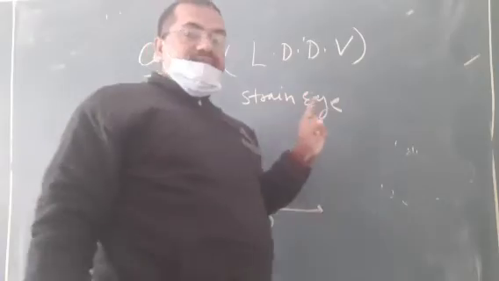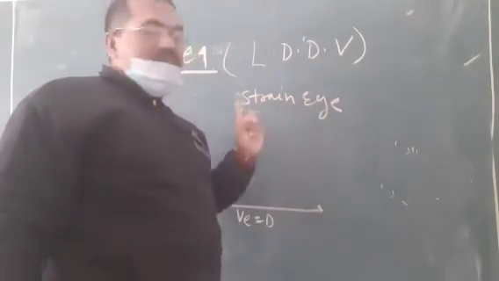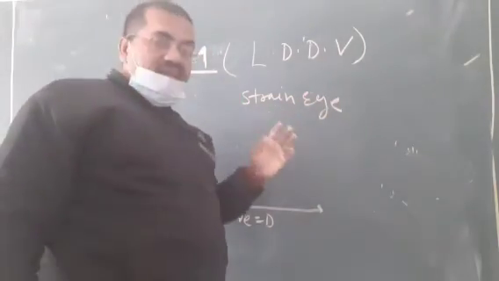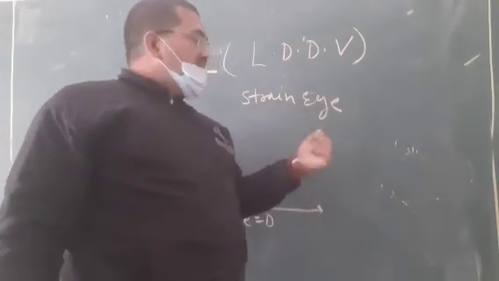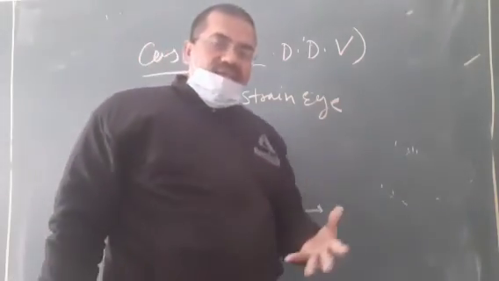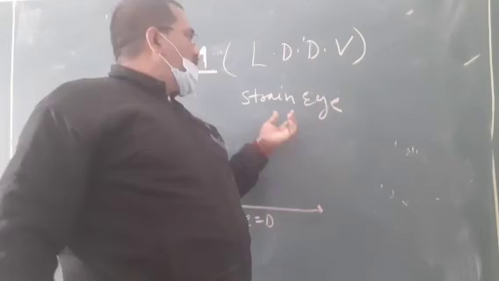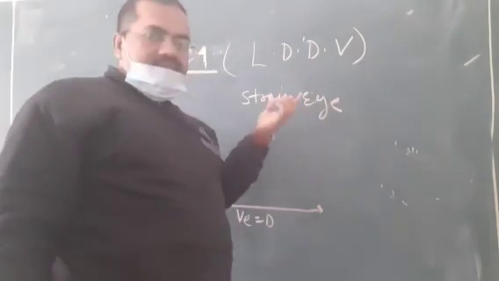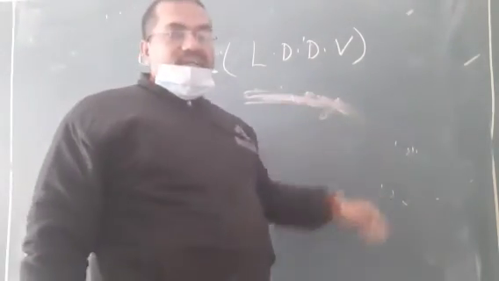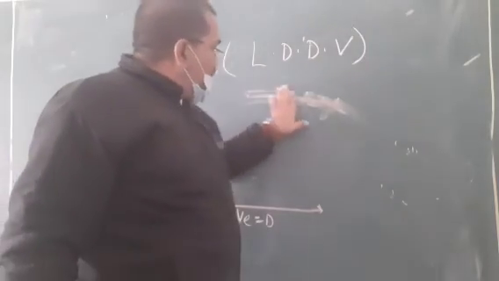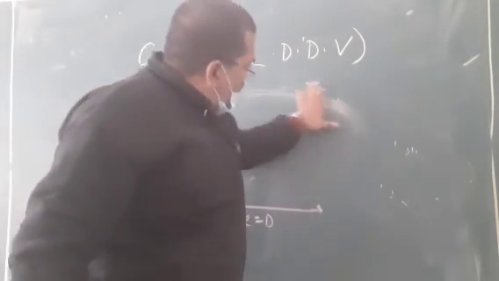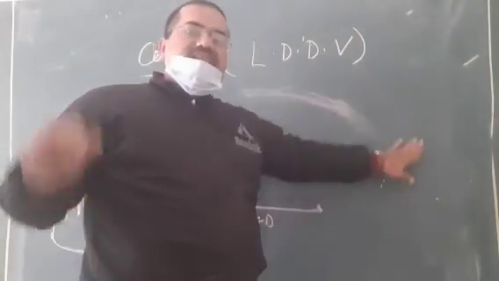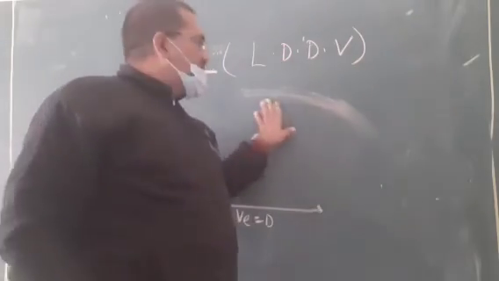As I discussed earlier in the simple microscope, when the final image is formed at the least distance of distinct vision, a more magnified image is formed, so your eye takes strain. But when the final image is formed at infinity, that position is called relaxed eye position. As when you see the moon, your eye is relaxed.